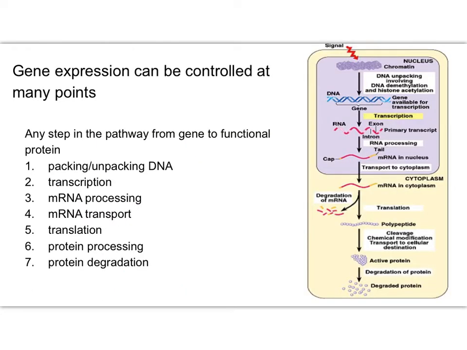So gene expression can be controlled at many points. And again, here we are referring to a eukaryote. Right now is not the time for you to memorize how all of this is going to work. Right now is the time for you to get this concept down of the fact that this pathway can be regulated, controlled, manipulated pretty much anywhere along it.